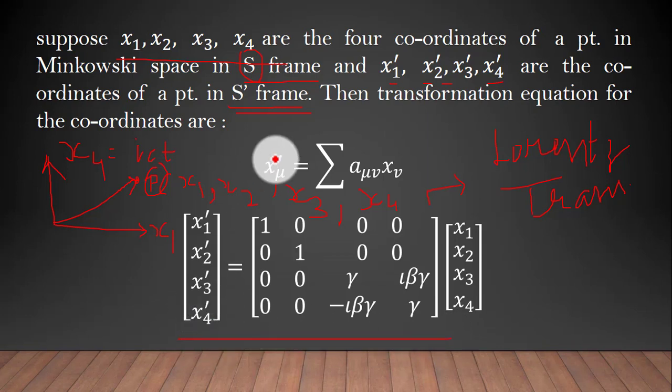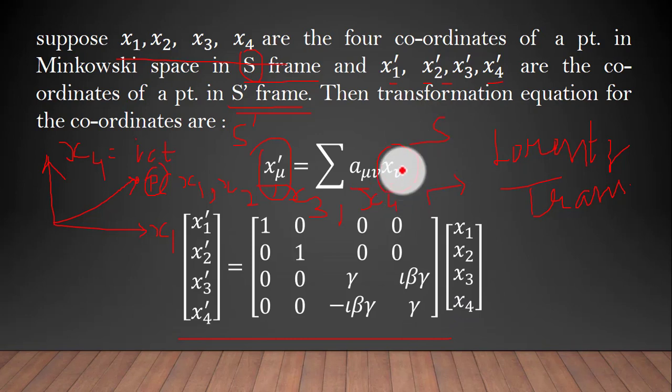And in a similar manner, this equation can also be represented as x mu prime equals the summation of a mu prime nu x nu, where x mu prime are the coordinates in the S prime frame of reference and x nu are the position coordinates in the S frame of reference.